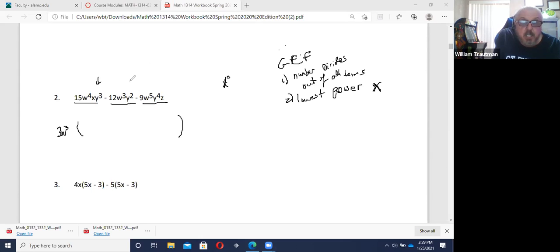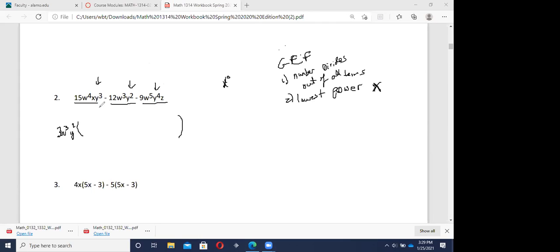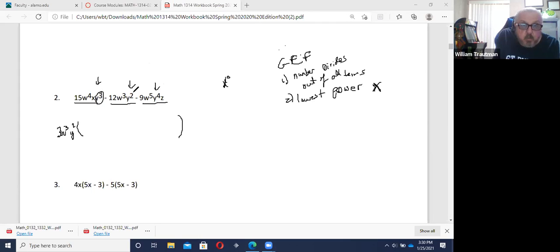And then what is the lowest power of Y? 2. Y squared. There's a Y3, there's a Y2, and there's a Y4. The lowest power of Y is Y squared. And then there's a Z, lowest power of Z is no Z. Do you see there's no Z in the second one or the first one.